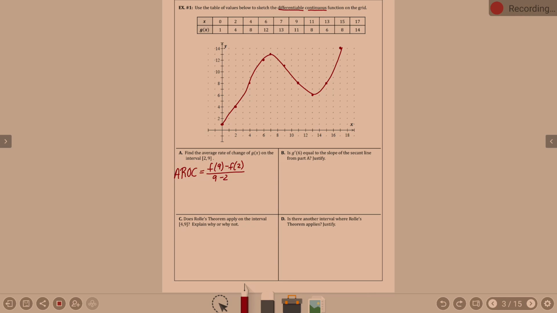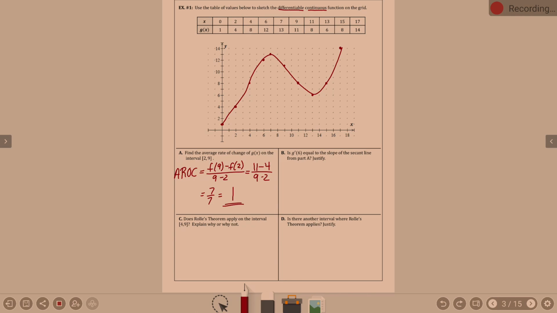What is f of 9? 11. f of 2? 4. 7 over 7, which is 1. Okay, are we good there? That was easy enough. Average rate of change is just finding the slope between those 2 points.